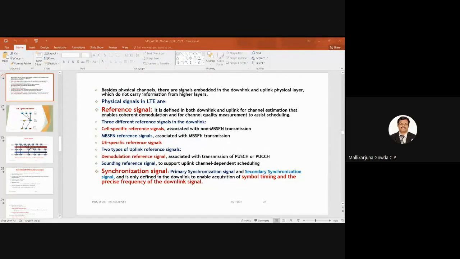I request all of you to download the LTE bulletin. That is free software available. I will be able to demonstrate all these things, whatever I am saying now: the channels, the reference signals and the synchronization signals, and how these will be occupied in the given time frequency grid of LTE.